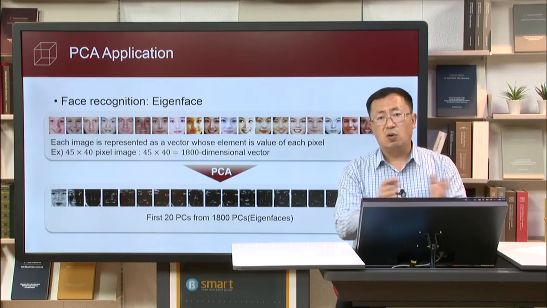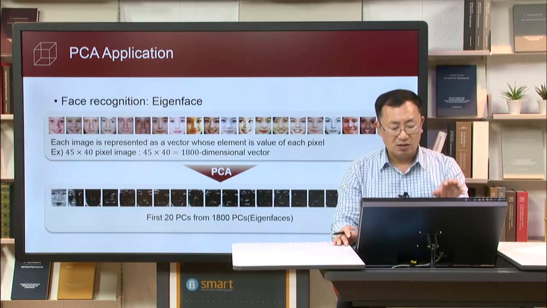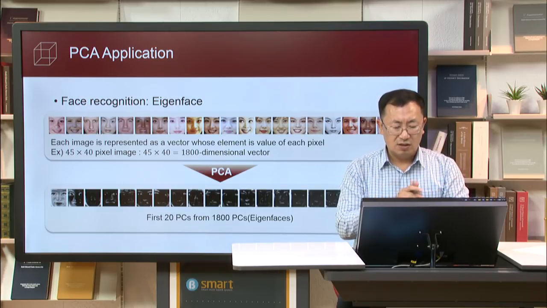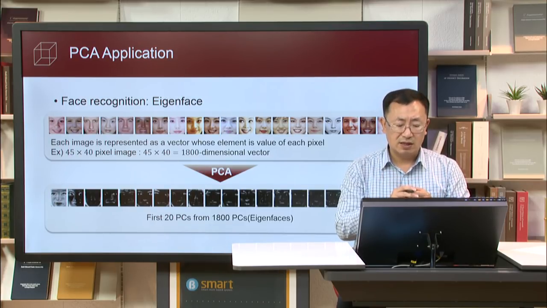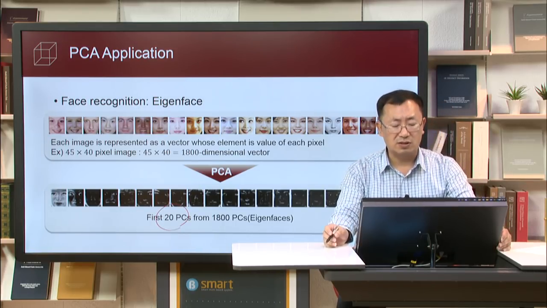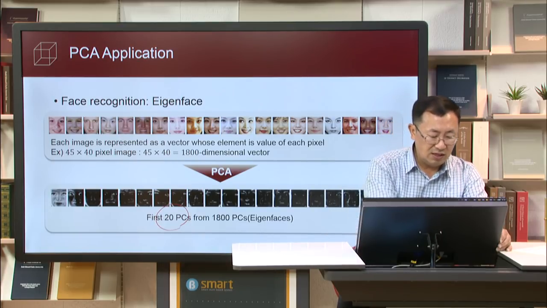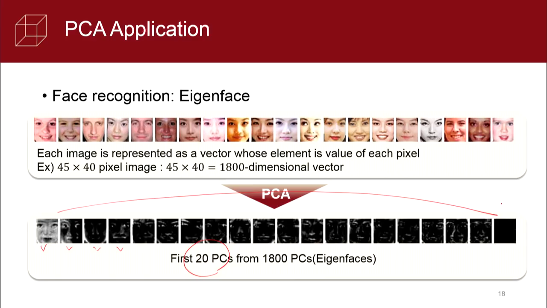Instead of using the whole 1,800 dimensional vectors, we can compress the data by using only the first 20 principal components after applying principal component analysis. So these are the first 20 principal components from the 1,800 principal components.